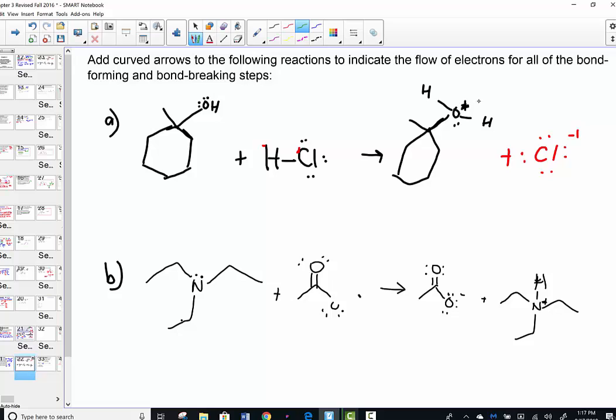And over here on the product side, it's attached to a new hydrogen. Remember, this is a very polar bond for HCl. I have an electron-rich area on the OH negative, and I have an electron-deficient or electron-poor area on the hydrogen ion.